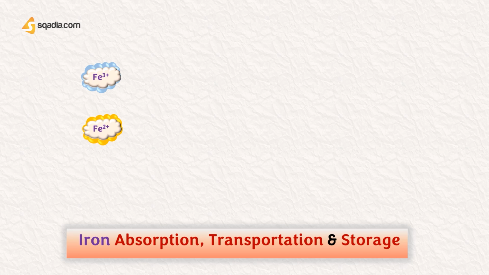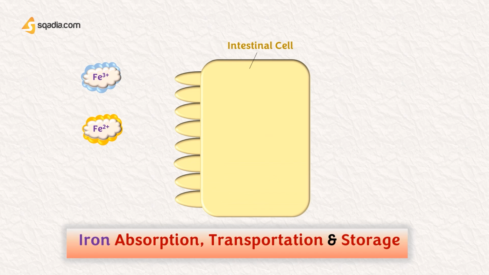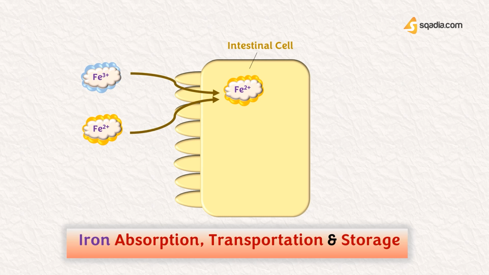Most of the absorption of iron occurs in the duodenum and the proximal jejunum of the digestive system. Intestinal cells can easily incorporate heme iron, which is said to be the absorbable form of iron, while insoluble or non-heme iron is converted into heme iron via the acidic pH of the stomach, which activates the ferric reductase enzyme for conversion of ferric form into ferrous form.